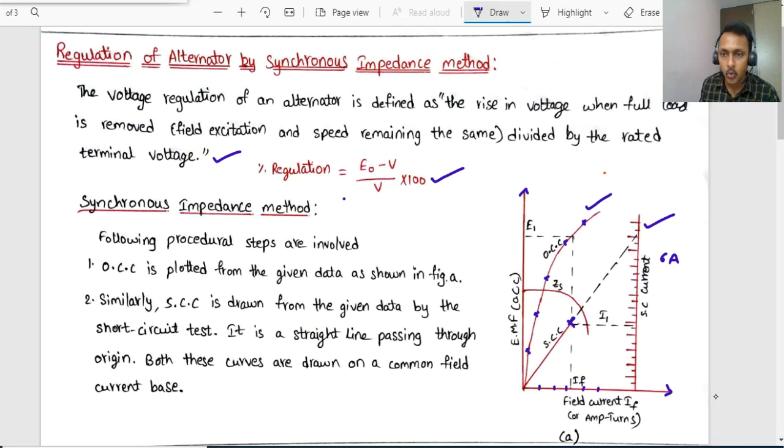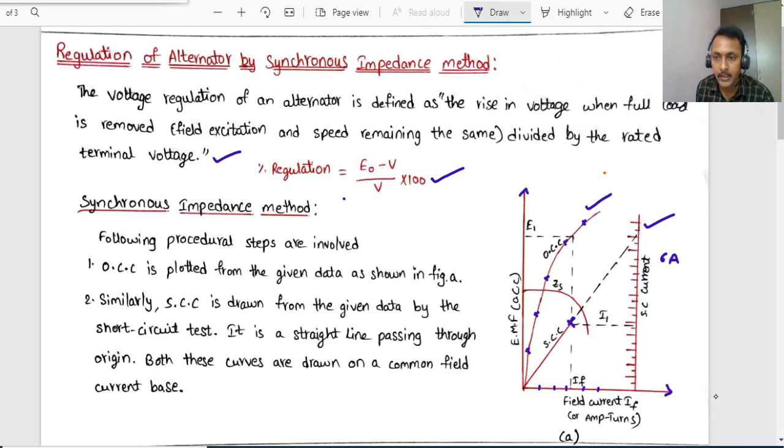Once you get these two plots, most of the time we consider that particular value of field current while performing the calculations.